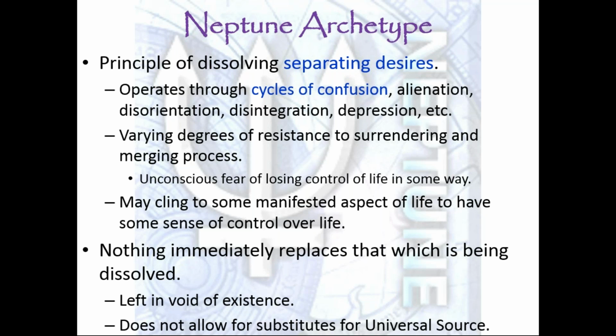We're left in a void, that void of existence. And the reason for this is we would just immediately replace it with another separating desire, or we would go back to the past to whatever we just dissolved and recreate it again. So Source deliberately leaves us in this void so that we cannot substitute anything for Source.